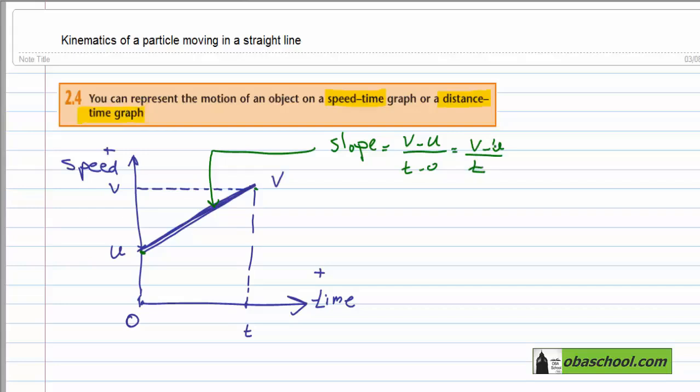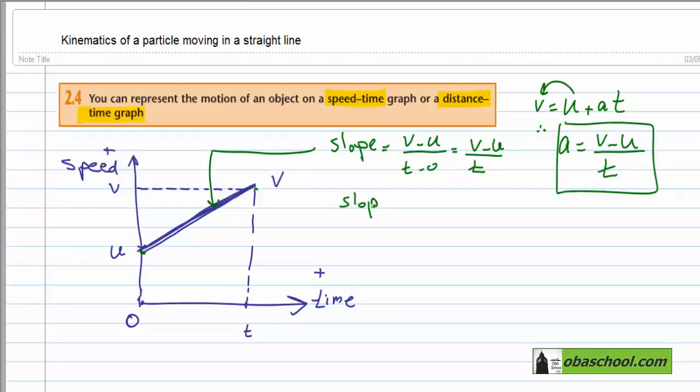If we compare this to the formula of v that we already know, v equal to u plus at, then finding a using this formula from the equations of motion, we move u to the side of v and we divide by t. So a is equal to v minus u divided by t.